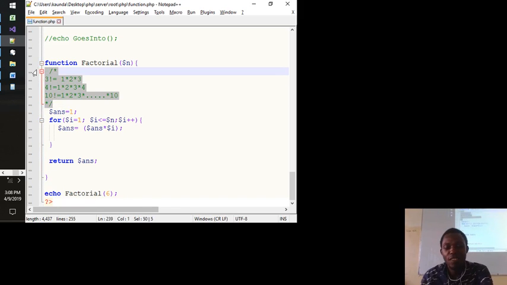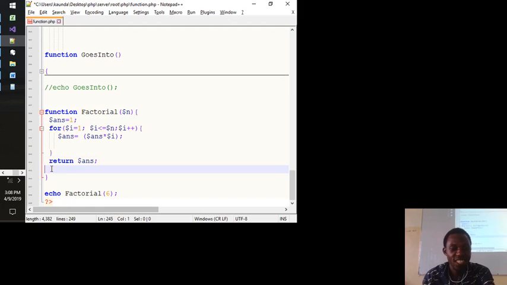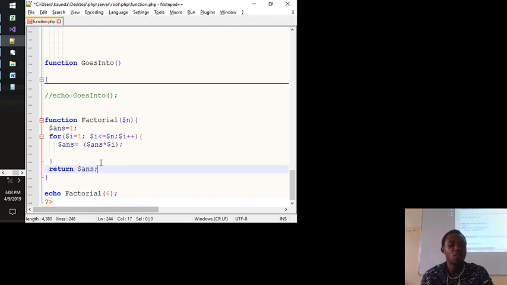This is all you need. This is the whole thing for factorial. This is it, so you have to reverse this.